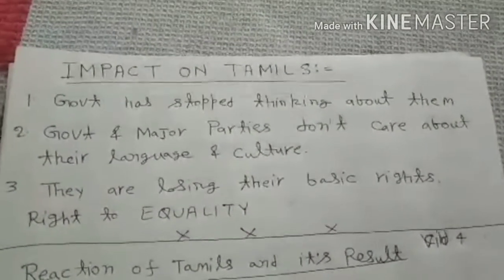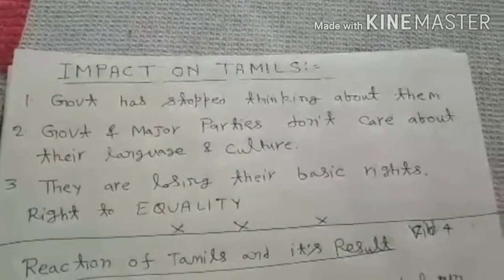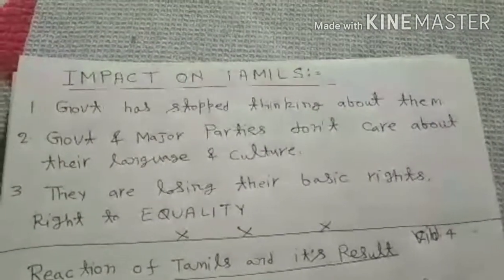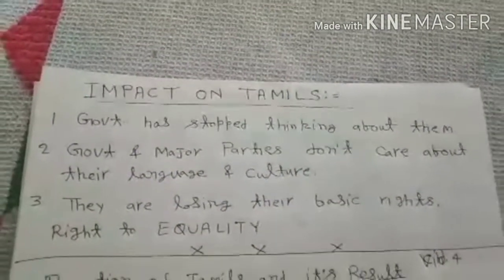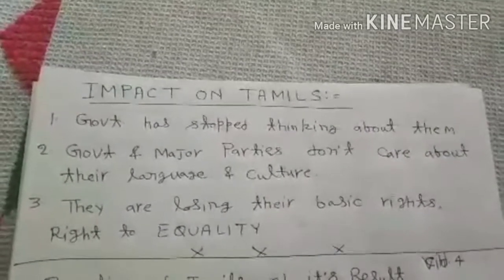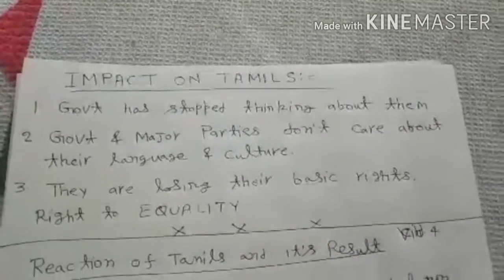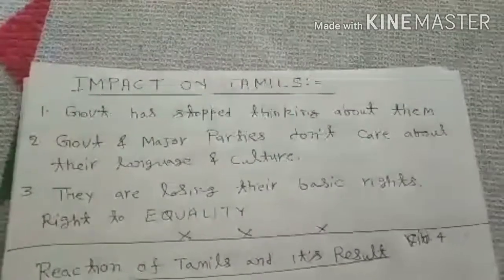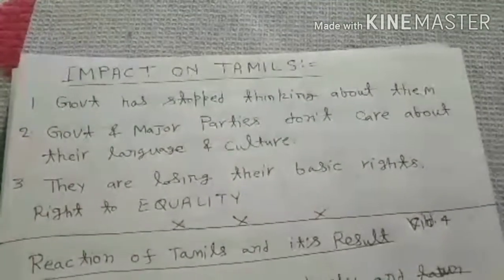Third, they were losing their basic rights, the right to equality. So in this topic we have discussed that. In our next topic we will discuss the reaction of Tamils and its result on them. Okay, goodbye, wait for the next video.